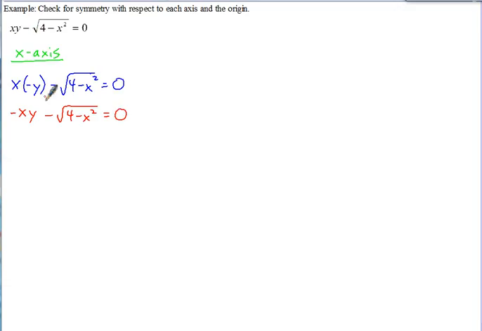You can see this term stays the same, but this one is the opposite sign. So this is not the same as our original equation. So it's not symmetrical about the x-axis.